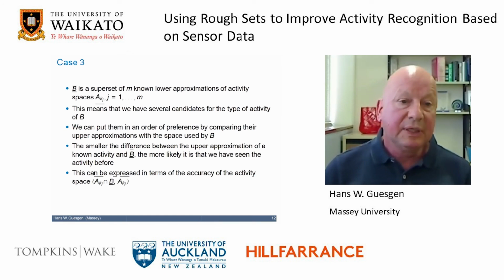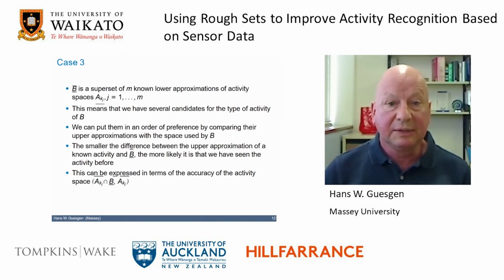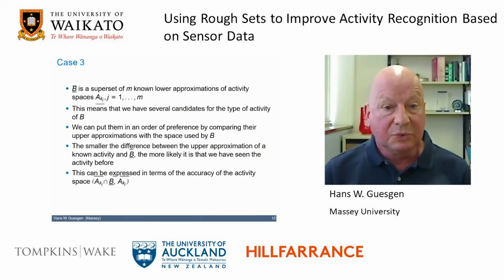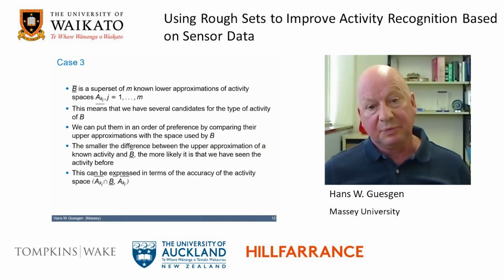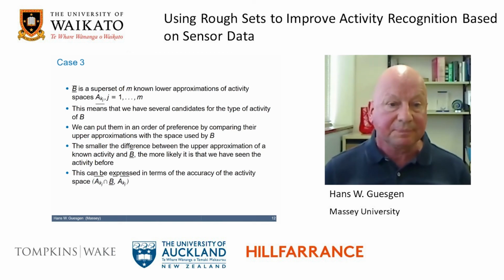But it could also be that there's more than one known lower approximation of an activity. So in this case, we can have a look at the upper approximation and look how close the upper approximation is to our known activity B. The closer it is, the more likely it is that we have hit the activity that we are looking for.